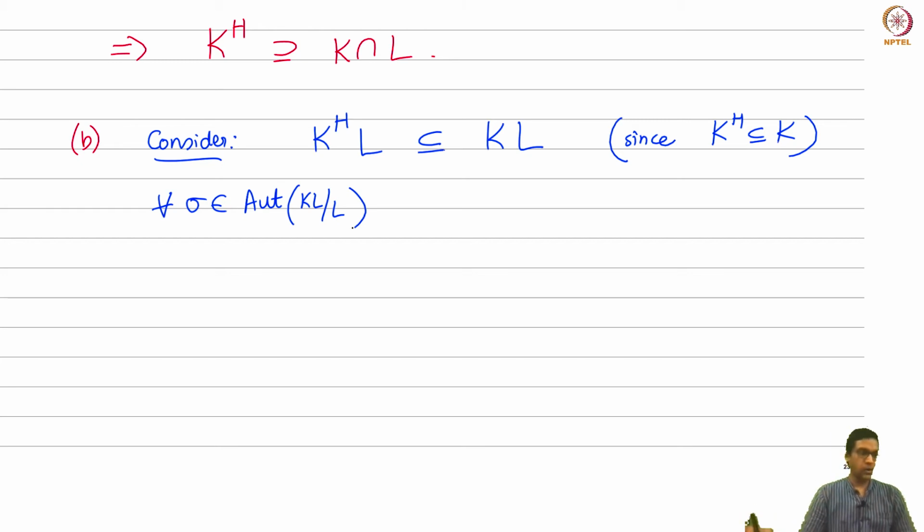What do they do? Sigma fixes L pointwise; in other words, sigma on L is of course the identity on L.